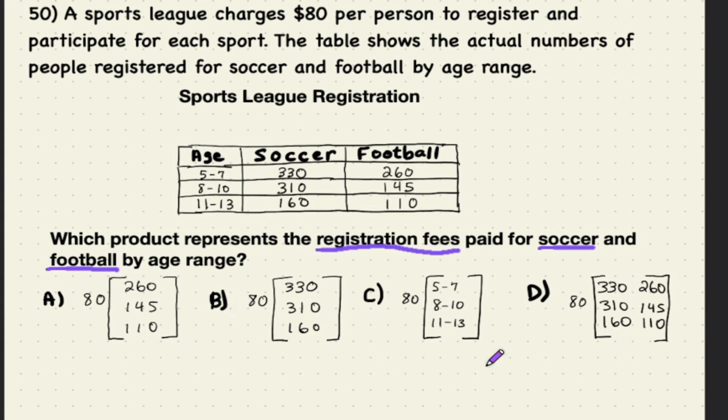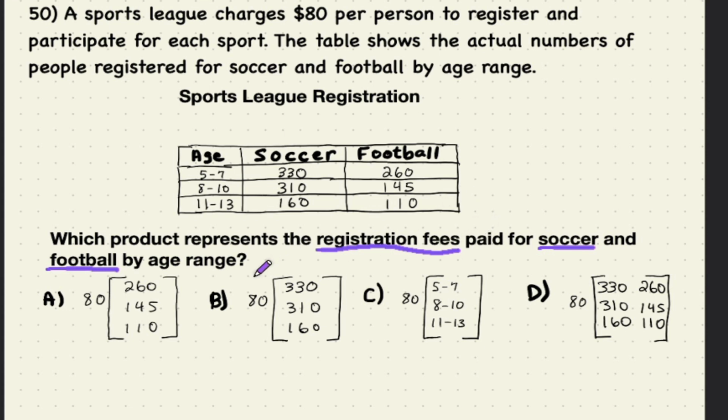So we see that, but now we have to look for the fees that were paid for soccer and football according to the age group. If you take a look at this, we have the age ranges here: 5 to 7, 8 to 10, 11 to 13. And then, of course, we have the soccer players, which are a total of 330 for this age group, 310, 160. And then for football, we have 260 players, 145, 110, according to age group.